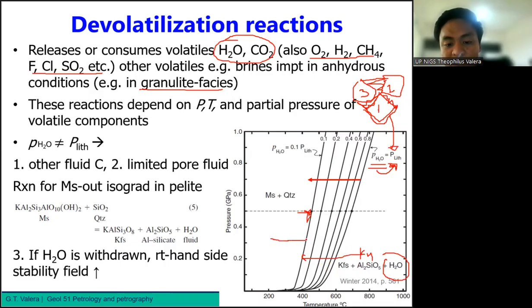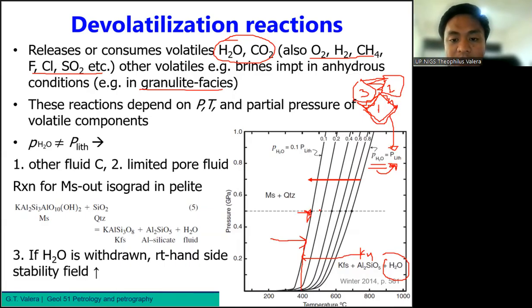Yung muscovite and quartz natin at roughly 400 degrees Celsius starts to break down at this temperature because P water is much less than P lith. Okay?